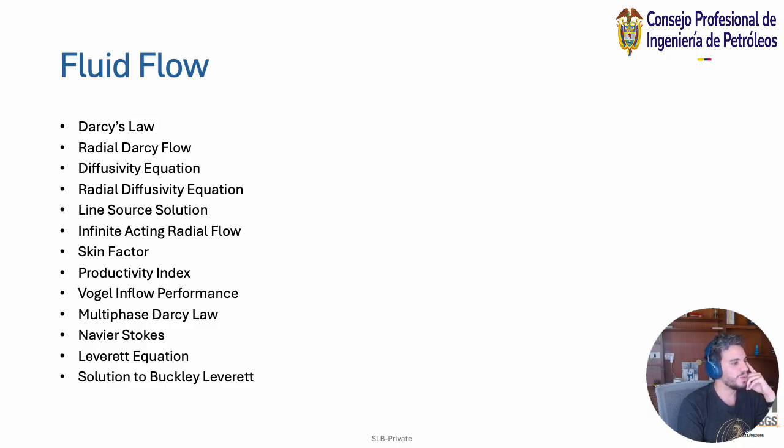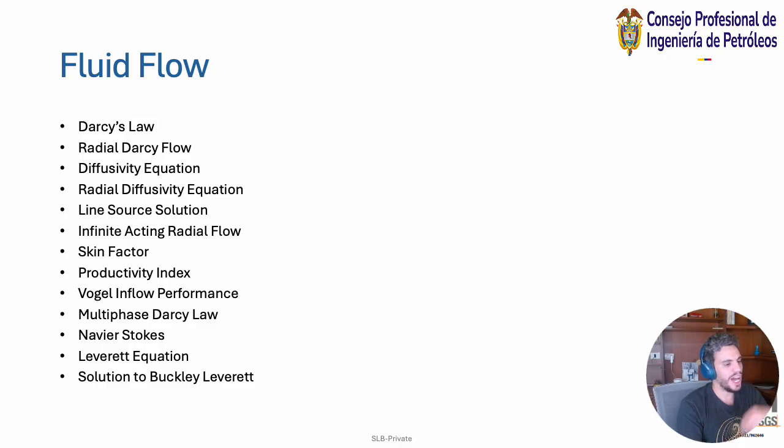And after that, we'll go into the line source solution and see how that helps us understand pressure transient and well testing analysis. And then we'll take a look at the infinite acting radial flow equation, or the IARF.